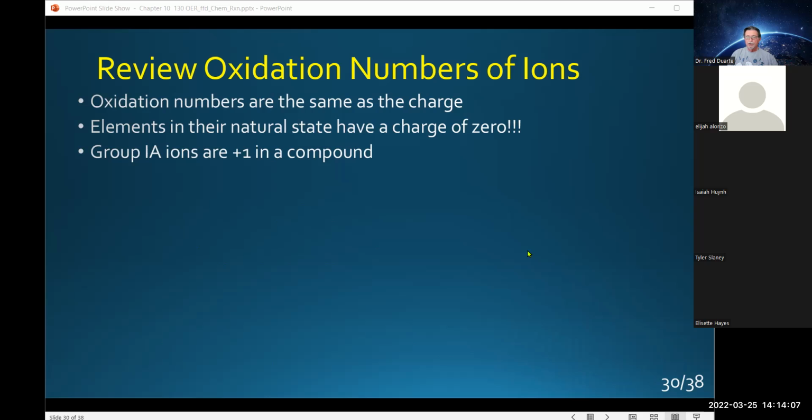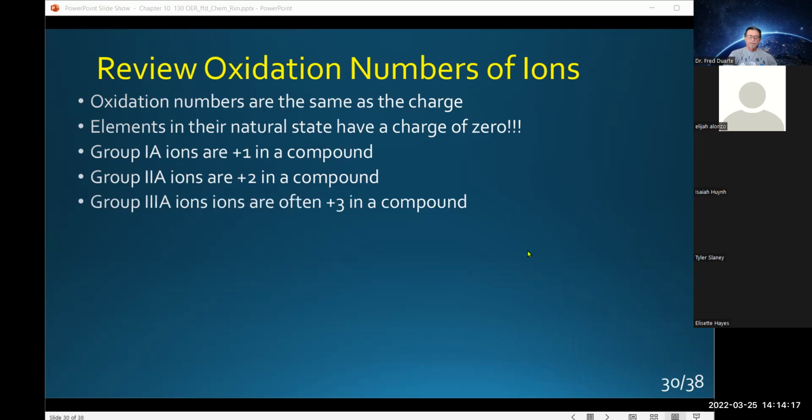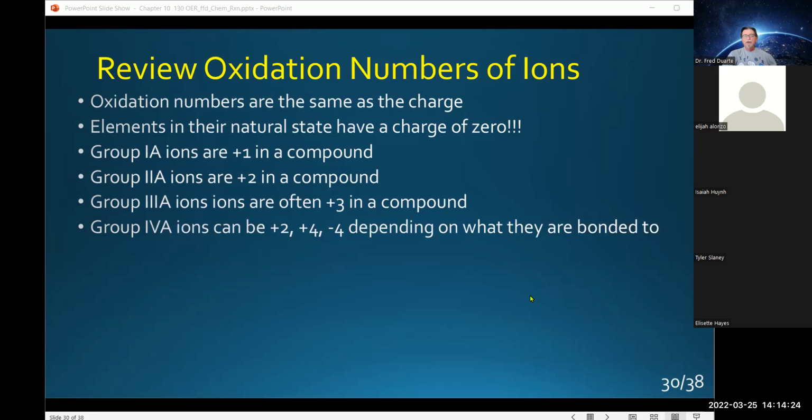We know that group 1 metals, 1A metals, when they become ions, they lose an electron and they become a positive 1. Group 2A becomes positive 2. Group 3A are metals, become positive 3, okay? The group 4, starting with carbon, it can be anything because they're on the fence. They have the capability of either losing 4 electrons or, guess what?